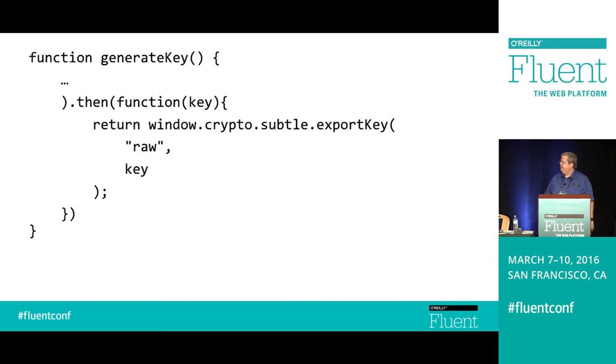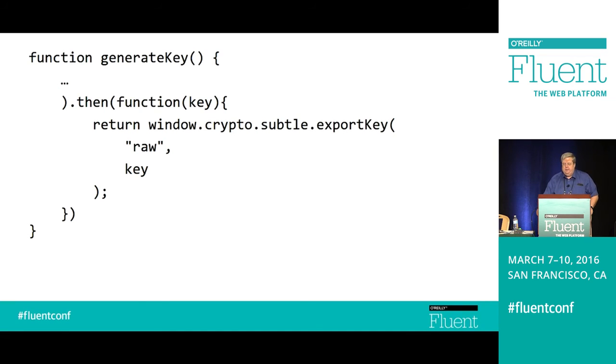Now, in this case, notice I am returning the promise that export key returns to me. I had two choices here. Instead of returning the promise, I could have handled the promise inside the body of this anonymous function. But if I did that and had multiple promises, I would end up nesting. I'd have a promise nested inside the handler of another promise, nested inside the handler of another promise, and so forth.